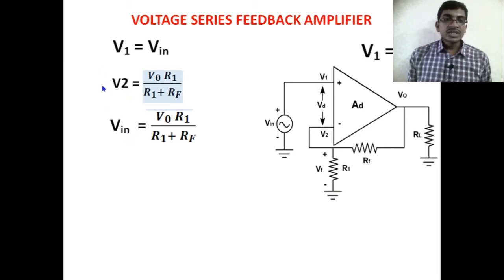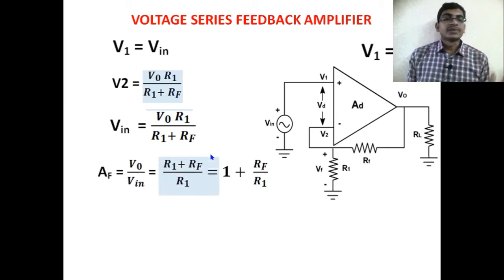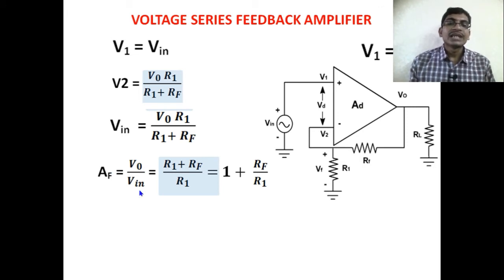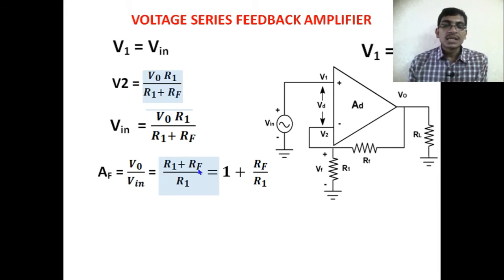So instead of V2, we can write Vin directly. So Vin is equal to V0 into R1 by R1 plus Rf. Therefore, the closed loop voltage gain AF is equal to V0 divided by Vin, that is equal to R1 plus Rf by R1. How will we get it?